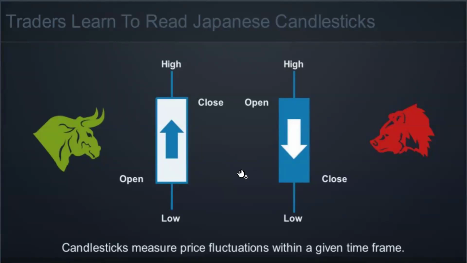All right. So candlesticks tend to present more information as compared to other tools that are available to trade the market, and that's why they gain so much popularity. They come in different formations and different patterns.